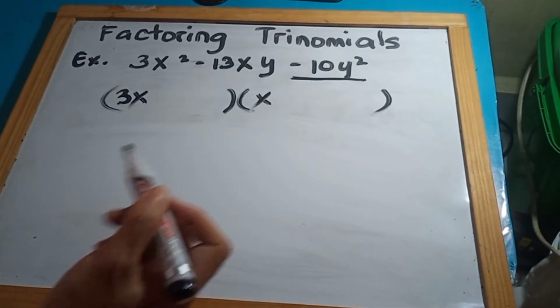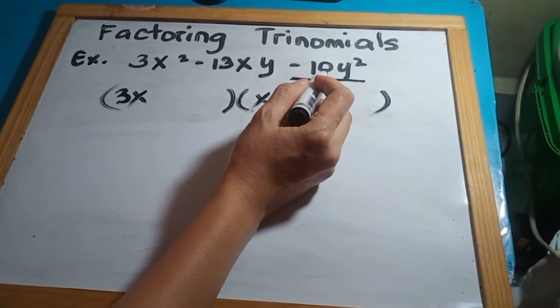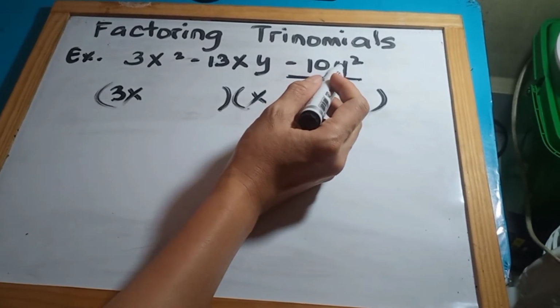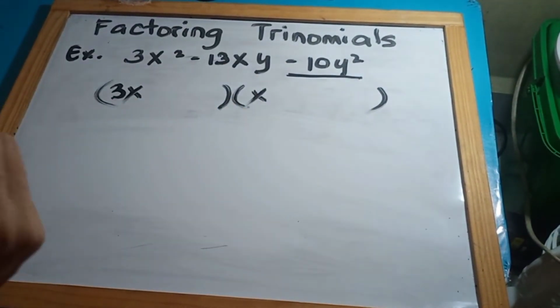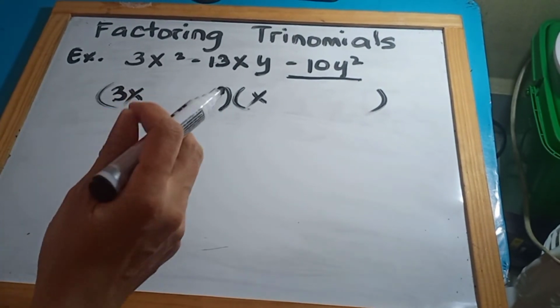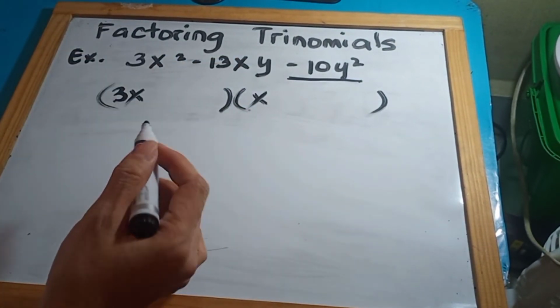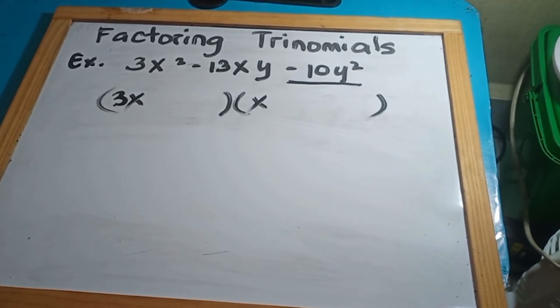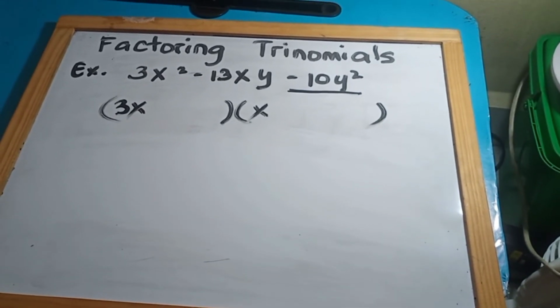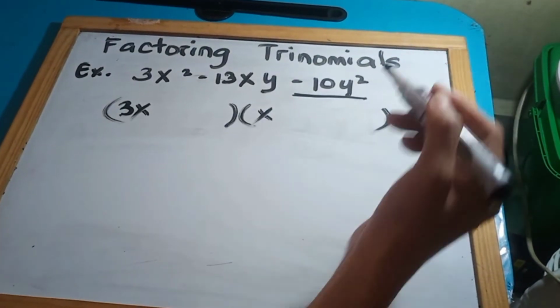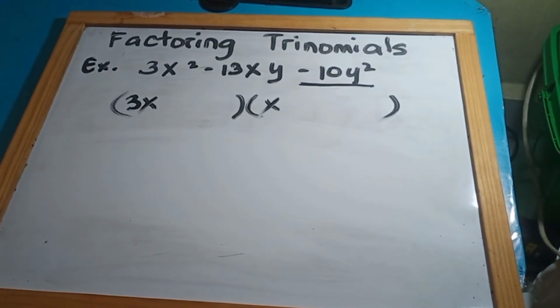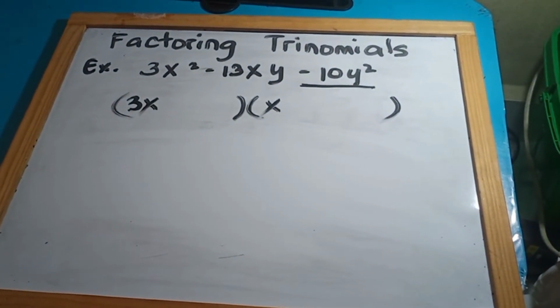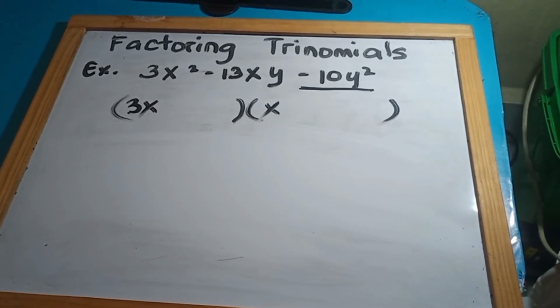So, hahanap din tayo ng factors ni 10y squared, which is kapag pinagsama natin si inner term and outer term, yun naman ang magiging middle term natin. Okay, sabi nga natin, trial and error muna to. So, negative 10y squared. Ano yung mga factors ni 10 at saka ni y squared?